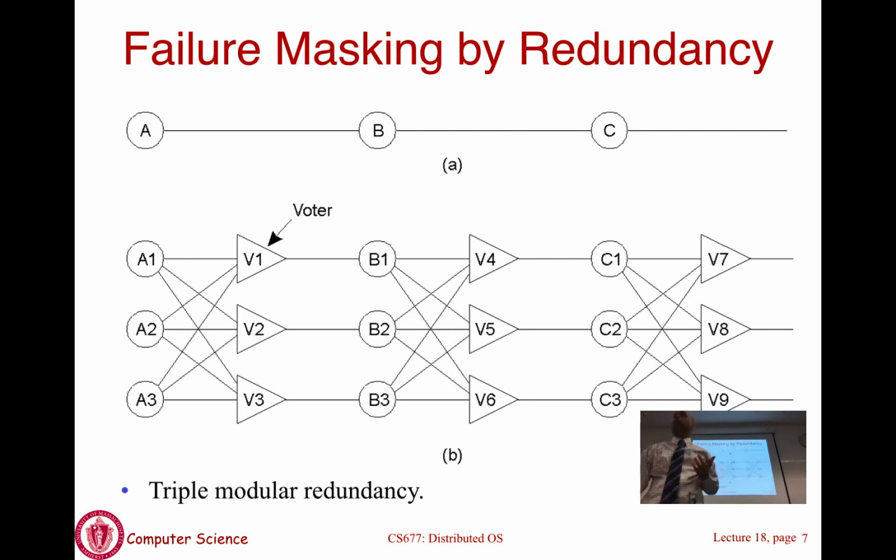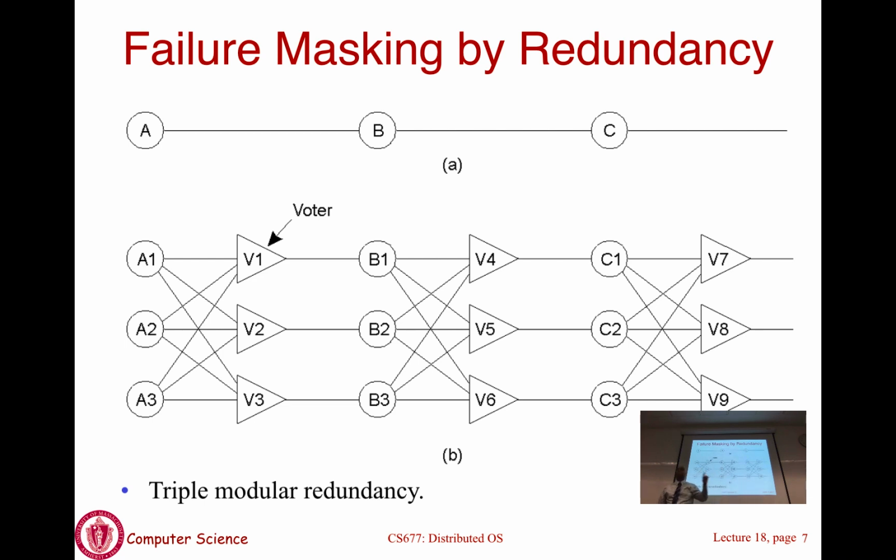So if A1 fails in a Byzantine manner, it starts producing garbage. If you feed it 1 or 0, it can produce arbitrary results. The other 2 are still functioning correctly. You will vote on the results of the 2, and since there's a majority, you will get the right response. Then you will feed the output of the vote to the next stage, which is going to do the same thing. You'll have a voter and so on.